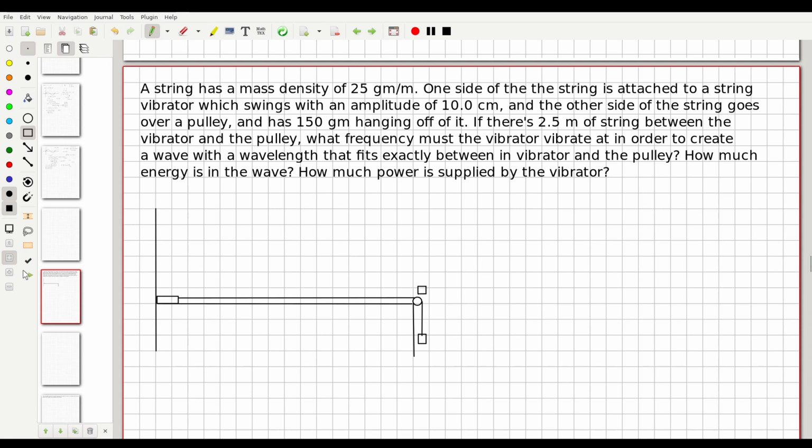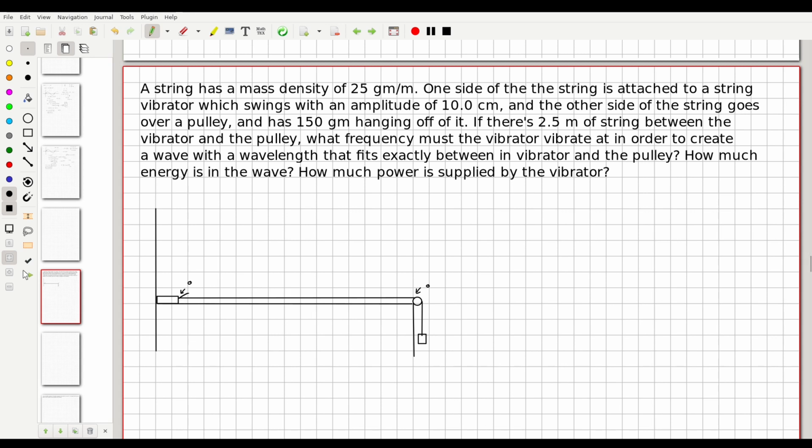The reason I'm pointing that out is that at this point right here, the height of our wave is 0. And at this point over here, where the vibrator ties to the string, it is 0 as well. So these are nodes. What we're going to do is let this thing vibrate to put exactly one wavelength along the string.